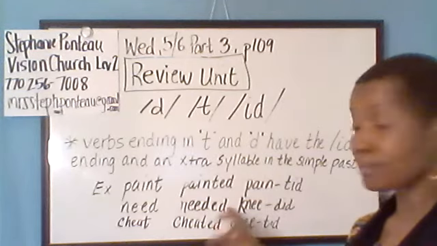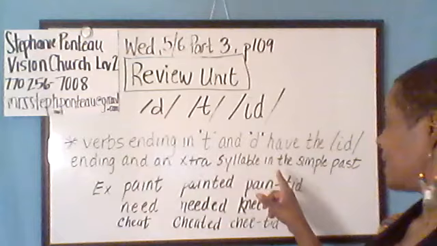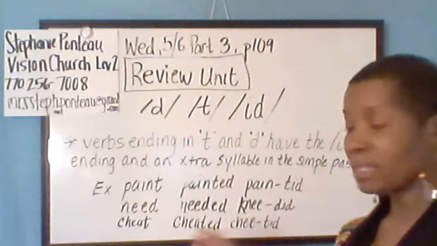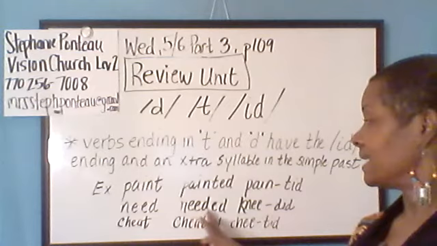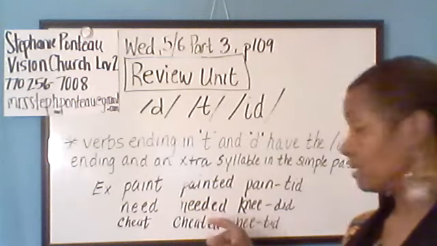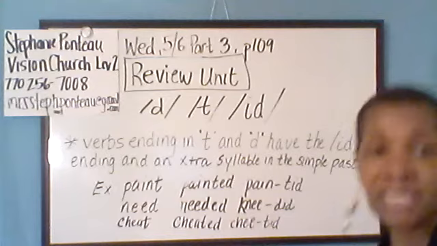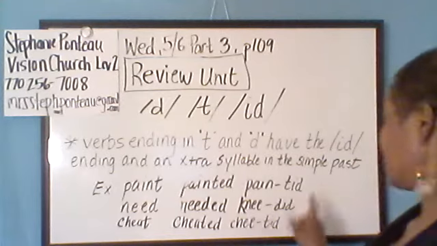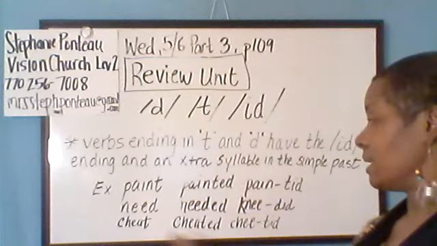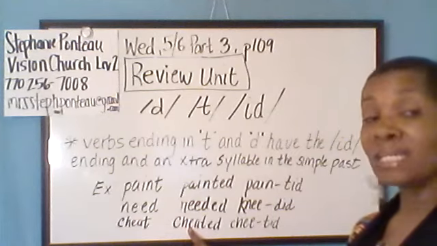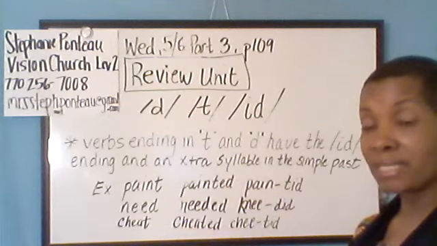Needed. So we have an extra syllable. It's an id sound and an extra syllable. Needed. And this is the sound. It's like knee on your body and then did. Needed. And then cheat. Cheated. You hear that? Simple past.